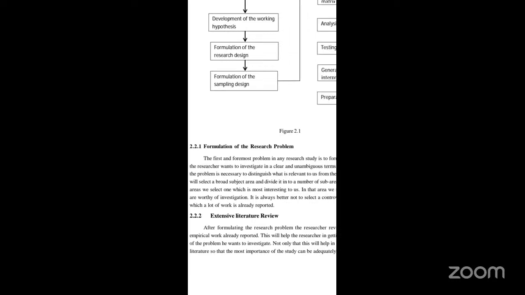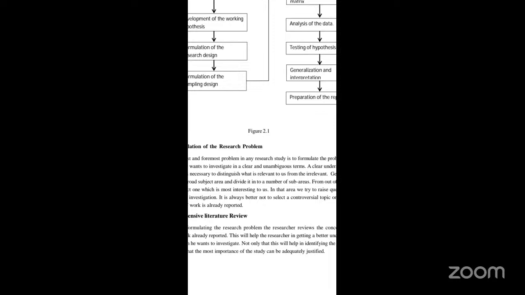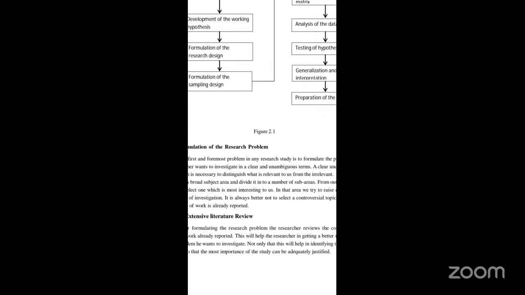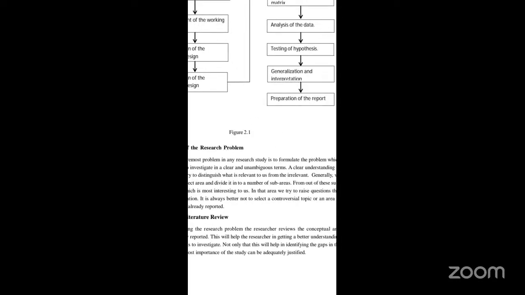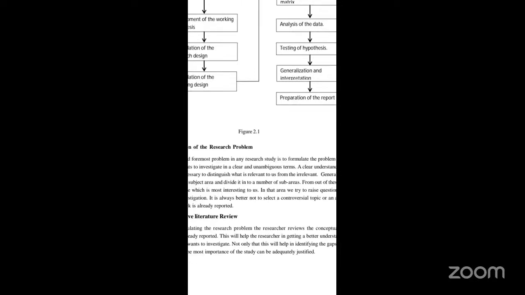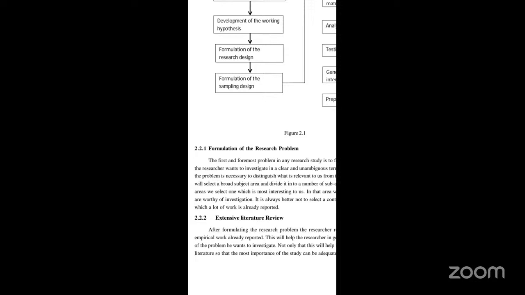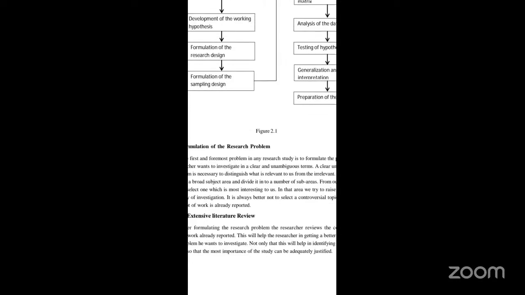This helps the researcher get a better understanding of the problem he wants to investigate. Not only that, it helps in identifying the gaps in the literature so that the importance of the study can be adequately justified.